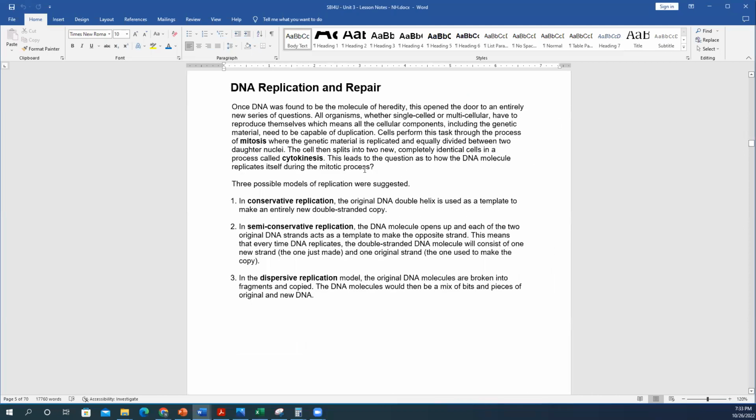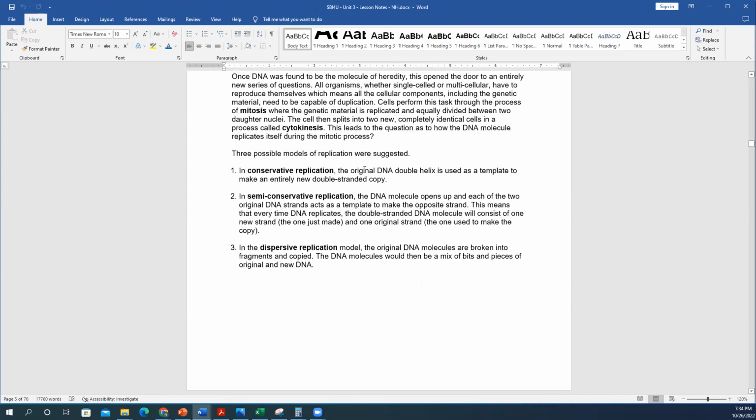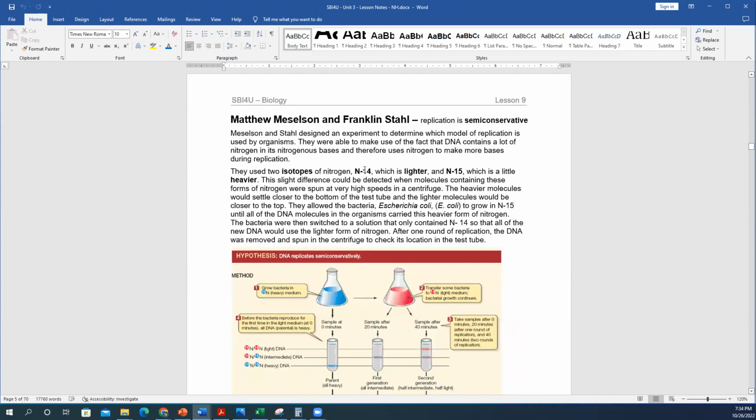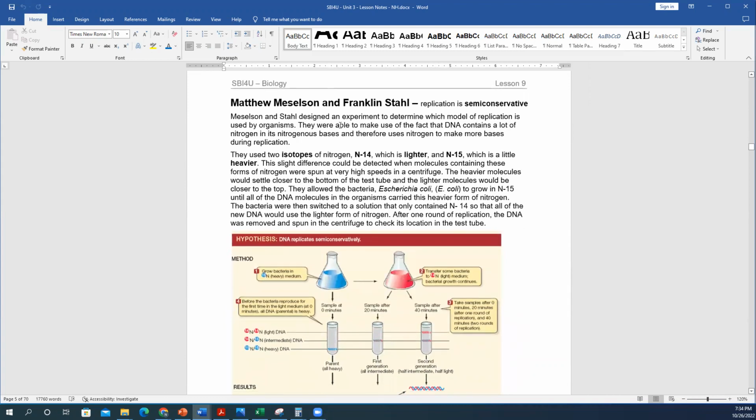DNA replication and repair. We talked a little bit about the idea of, so what type of DNA replication happens? Is it conservative, semi-conservative, or dispersive? And it was the experiment of Meselson and Stahl that showed that replication takes place semi-conservatively.